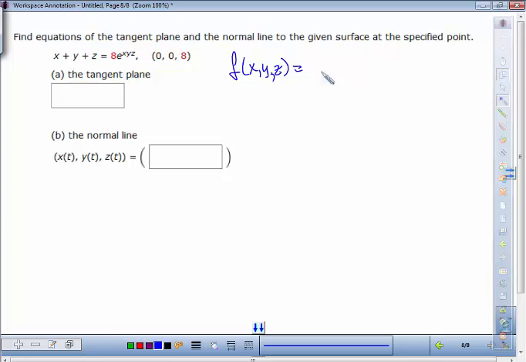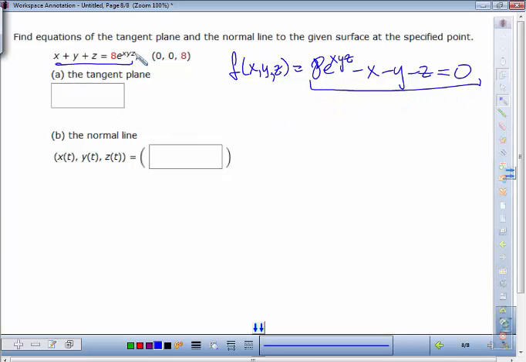So maybe I'll put it on the right side, so I'll keep my exponential function positive: 8xyz minus x, minus y, minus z. It doesn't really make a difference, but the point is that now it's equal to 0, which is still going to be a surface, because it's exactly the same as this. And if I plug this into my graphing program, I'm going to get something.